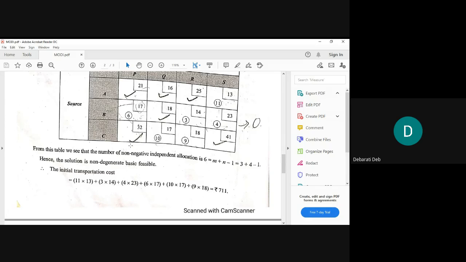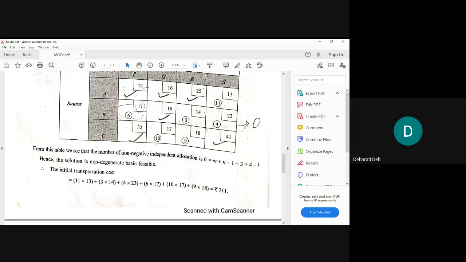By now the value of V4 we know, and we need to find the value of U1, because U2 we know, but U1 and U3 we do not know as of now. So we will utilize our findings till now and find the values of U1 and U3. Okay, so let us start with this cell.